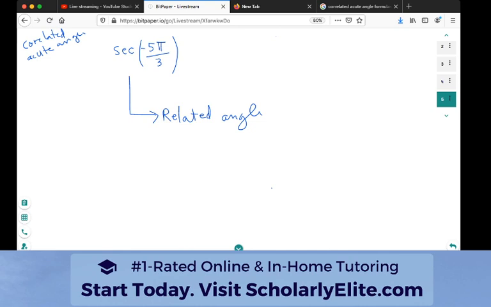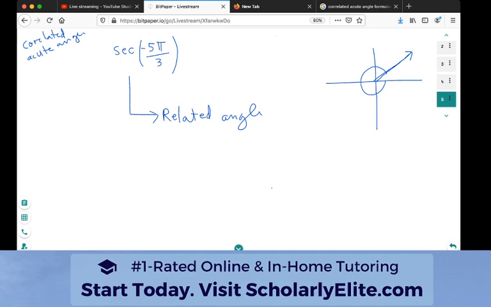So negative 5 pi by 3. So remember, that means that we're going clockwise instead of counterclockwise. So that would just end up being here because pi by 3 is 60 and that's 60 less than 2 pi. So that should be there.